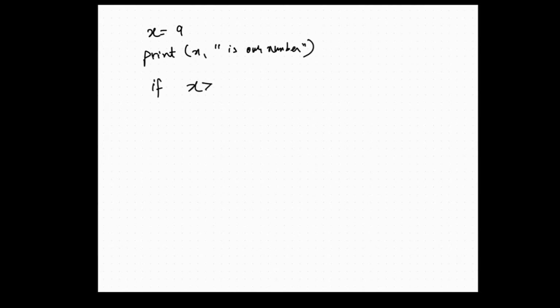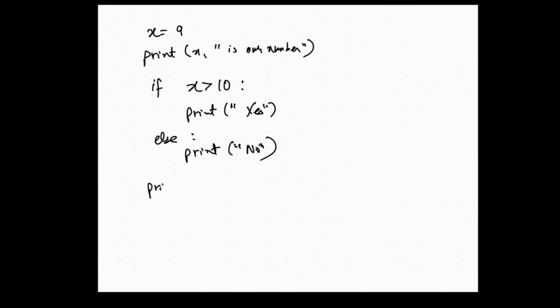If X greater than 10, print yes, else print no. And then irrespective of which branch it took, you are printing, let's say, done.